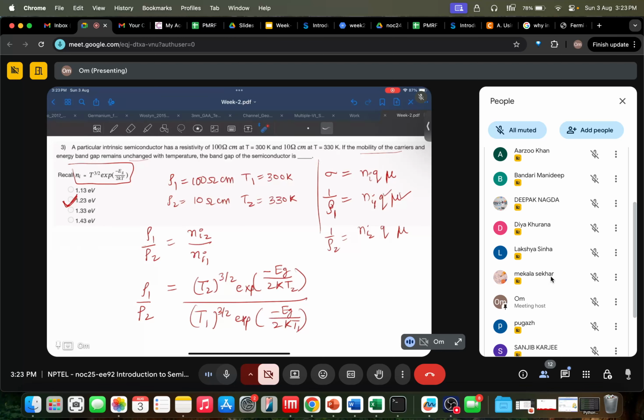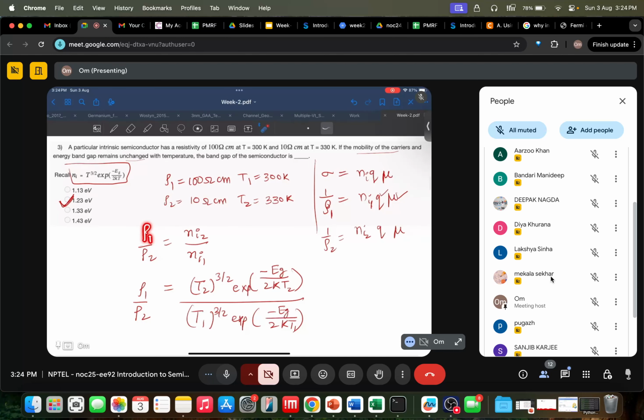So given this and this, we have to find Eg. We already know that the conductivity sigma is q mu n, and for intrinsic, n will be ni. So we just take the ratio of rho 1 by rho 2, which should be ni2 by ni1, and we substitute this expression for both ni2 and ni1.